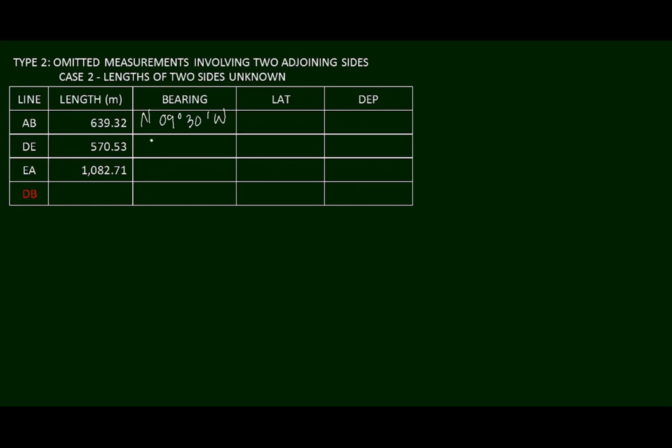DE is south 02 east, south 89 31 east. 630.55 negative 570.17 negative 9.30.